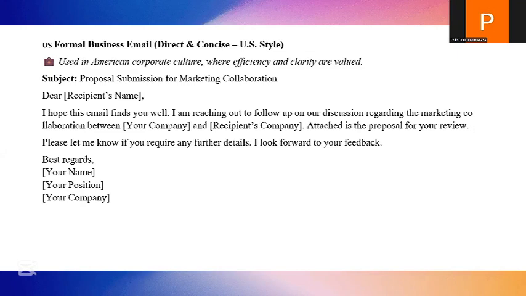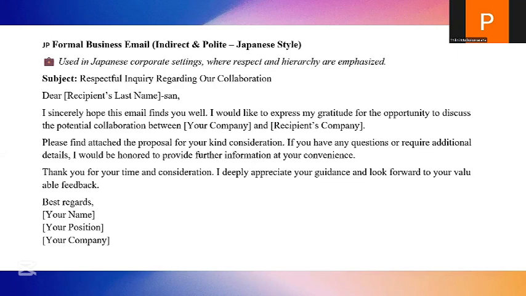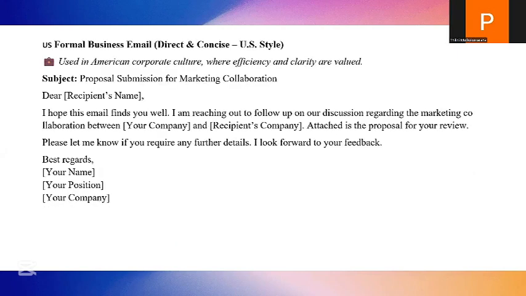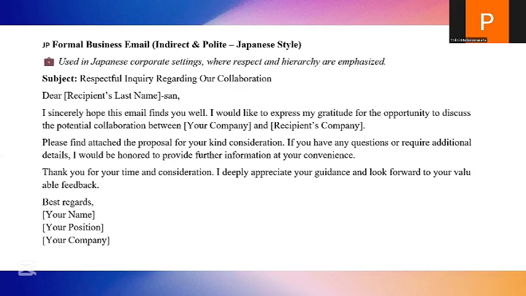So just observe the changes where it happens within the structure. We'll move on to the next one, right? Indirect, very polite. This is how the Japanese style compared to US. Okay.